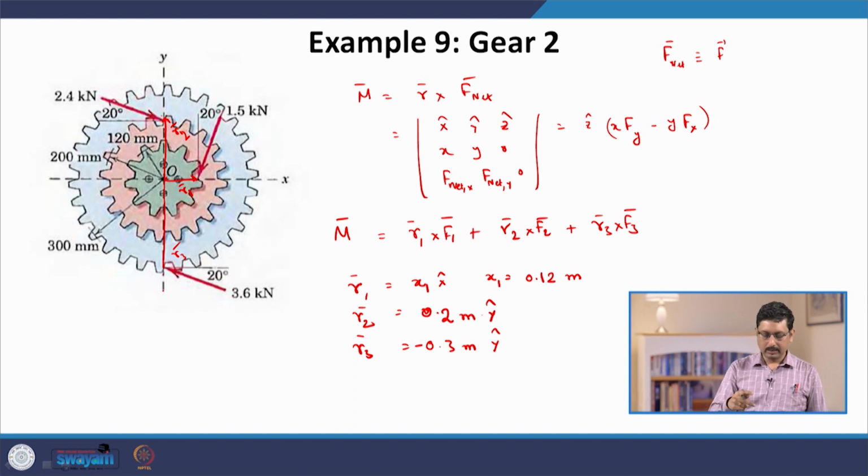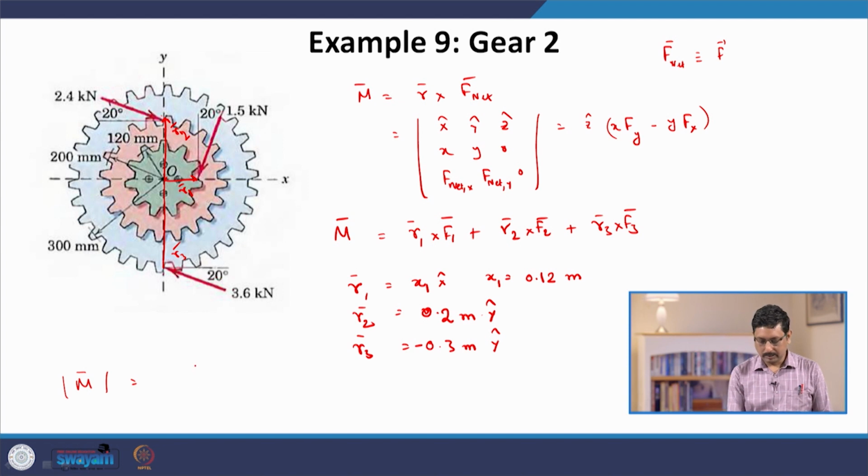So, we can see that if we apply the R cross F definition on individual forces, all of them produce the moment or torque in the same direction. Since the points of application of F1, F2, F3 are only on the x axis or y axis, our calculation is simple. Our moment from each individual force, we can simply calculate the magnitude.